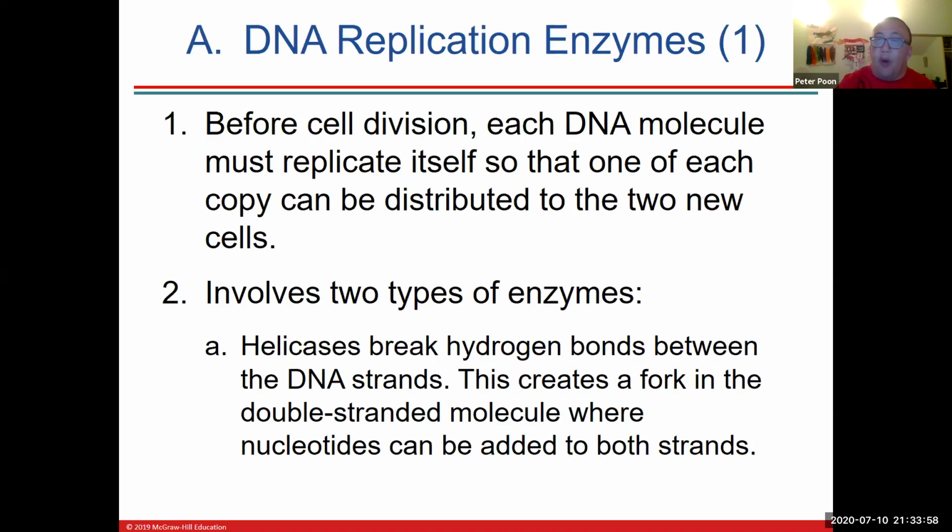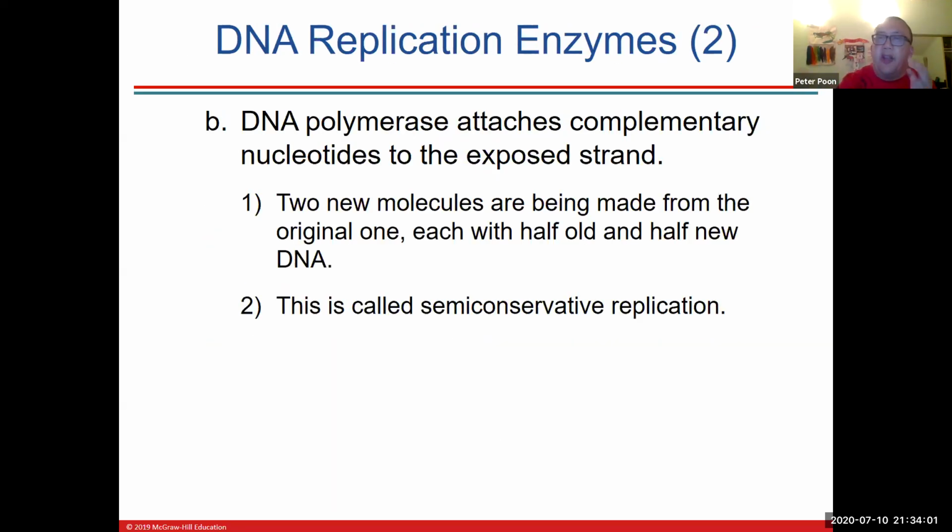Once they're unzipped, you can add to both sides of the ladder now. So if I have an A and a T, this side where the A is, I can add a new T. This side where the T is, I can add a new A. And therefore, this is called semi-conservative replication, because this side has the old A and the new T, and this side has the new A and the old T. So semi-conservative: half of it is old and half of it is new.